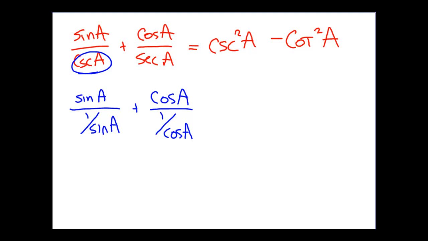Since we're dividing by a fraction, I can rewrite this as the sine of A times the reciprocal of 1 over the sine of A, which is just the sine of A. And the same thing here for cosine. I can rewrite this as the cosine of A times the cosine of A.